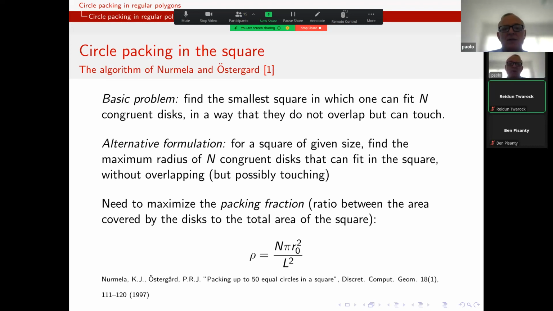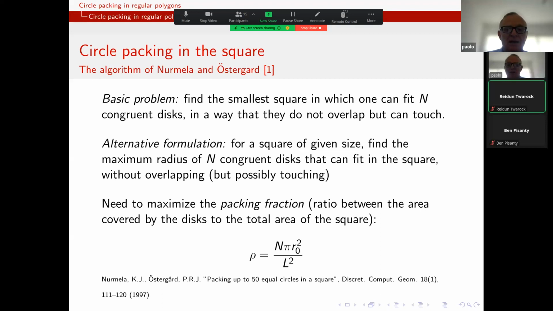Of course, there is an alternative formulation where you keep the size of the square fixed, and find the maximum radius of the n congruent disks that you can fit in the square, without overlapping but touching. So the quantity that you want to maximize is normally called the packing fraction, which is the ratio between the area covered by the disks and the total area of the container, the square in this case.